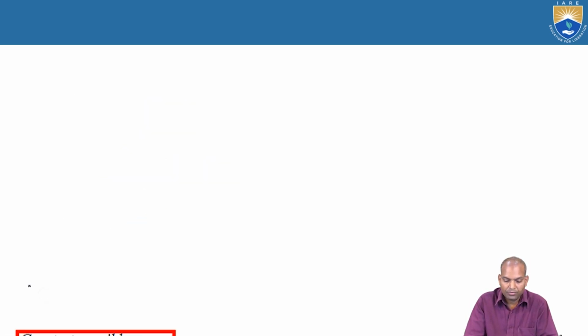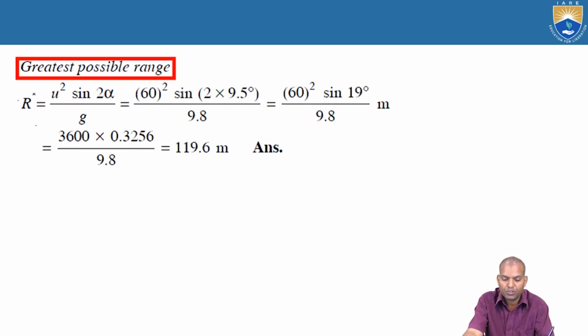Now the greatest possible range, R equal to u square sine 2 alpha by g. Here u equal to 60, alpha is 9.5, which came from the maximum height calculation, and g is 9.8.